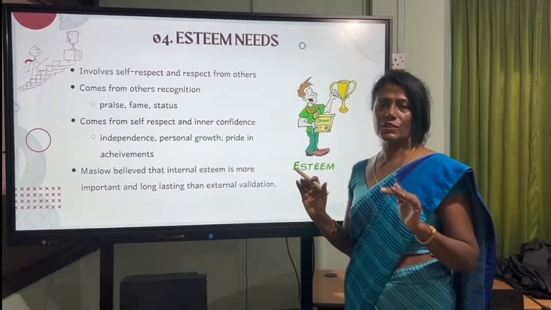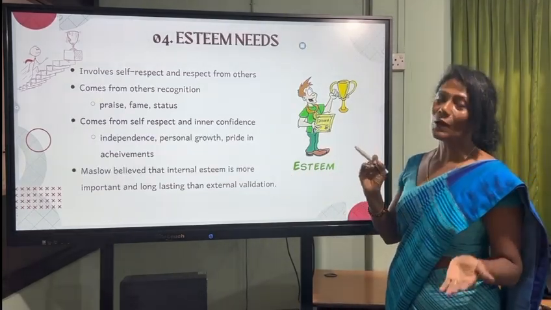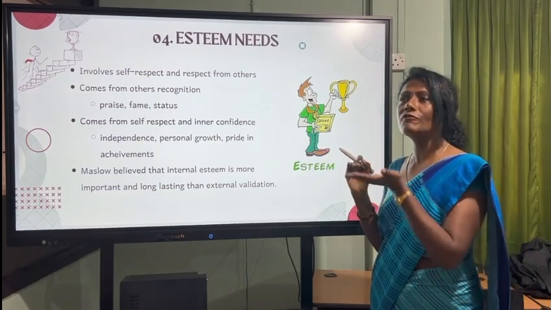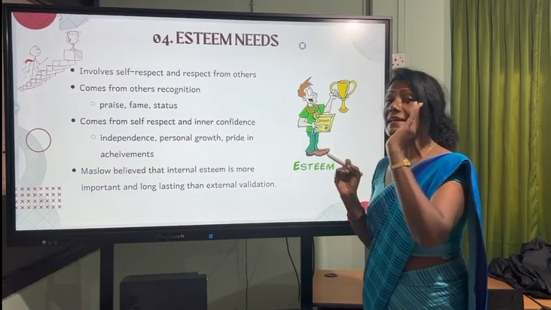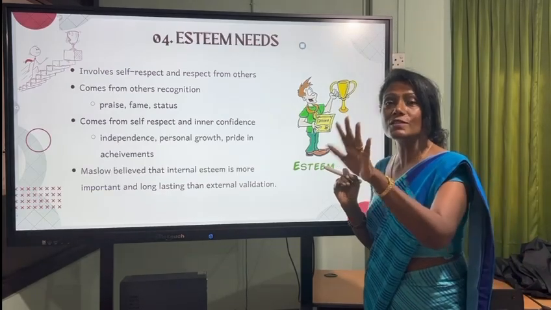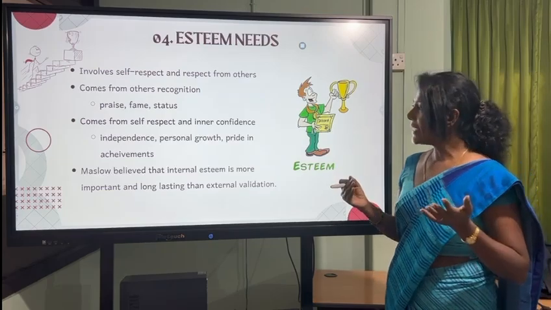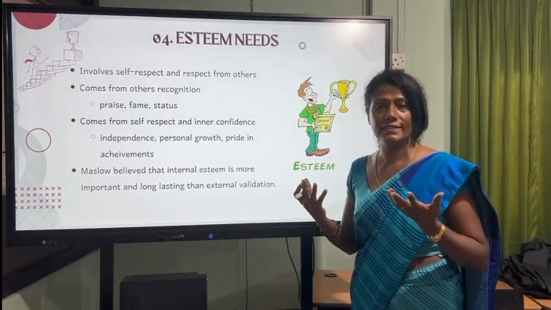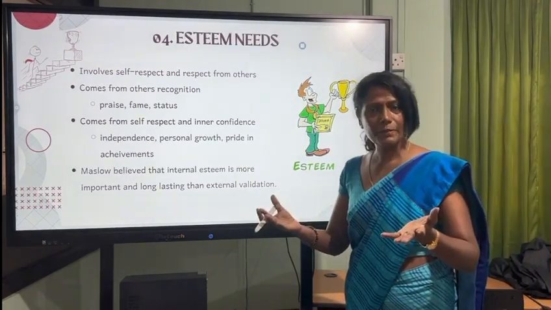As the 4th stage, Maslow introduced esteem needs. Now the people have passed 3 stages, so they are fulfilled in certain areas. Now they look for the esteem needs. They need respect. They want others to believe in them. They need praise and fame, and that naturally creates inner confidence. They feel like independently engaging in something.